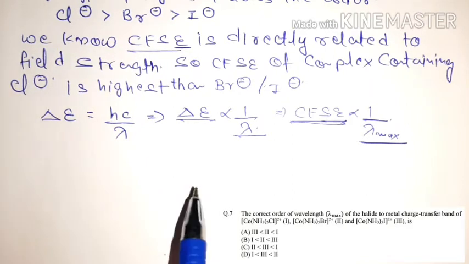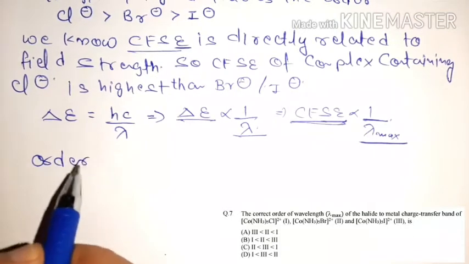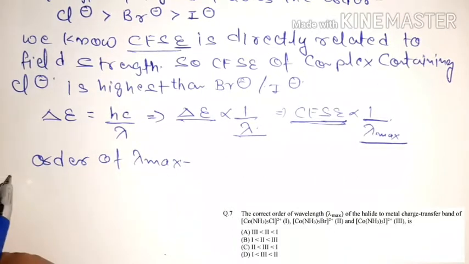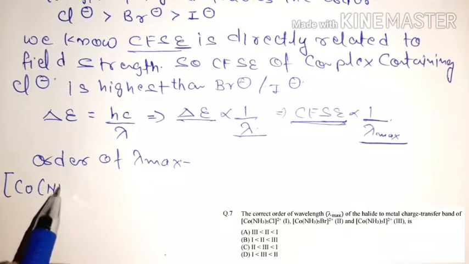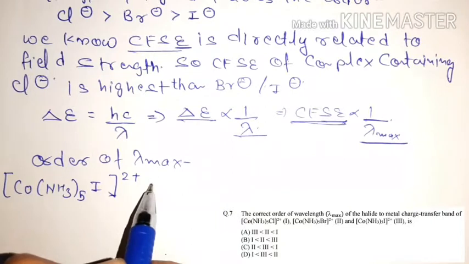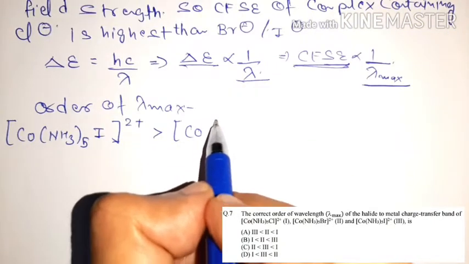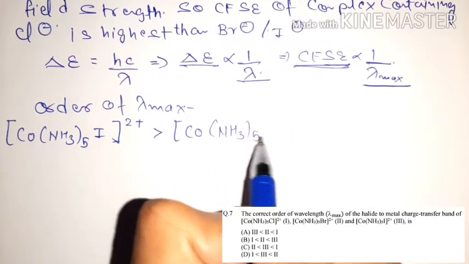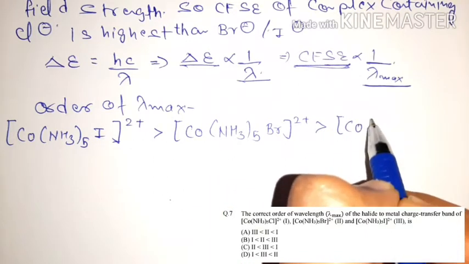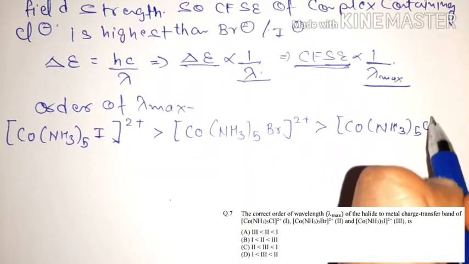Okay, so according to this relation, the order of lambda max will be [Co(NH3)5I]2+ is greater than [Co(NH3)5Br]2+ is greater than [Co(NH3)5Cl]2+.